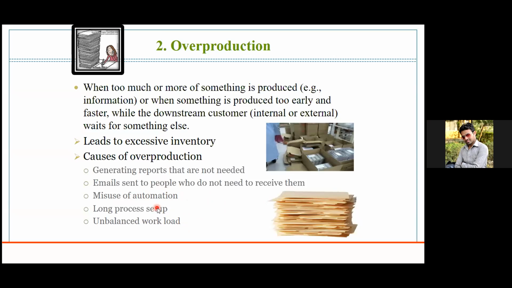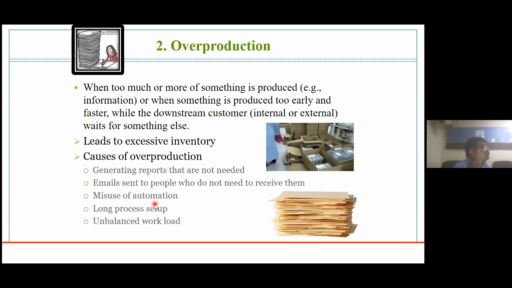Sir, what is misuse of automation? In a company, there will be a Xerox machine and a fax machine. The Xerox machine makes photocopies of a document, and the fax machine sends the notification to the intended recipients.